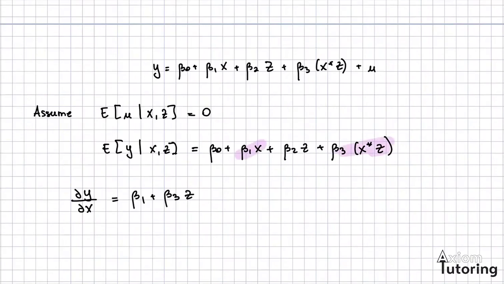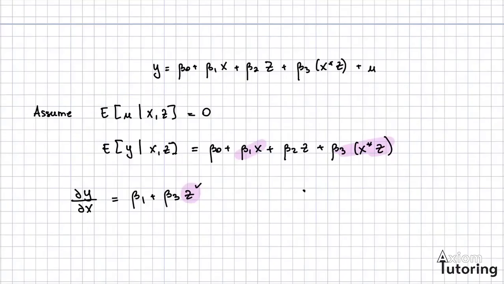Now, the effect of x on y very clearly depends on z. And z can take many values, which also means the slope will be different for any value of z that we plug in.